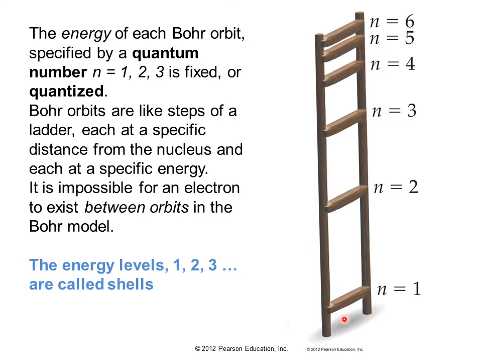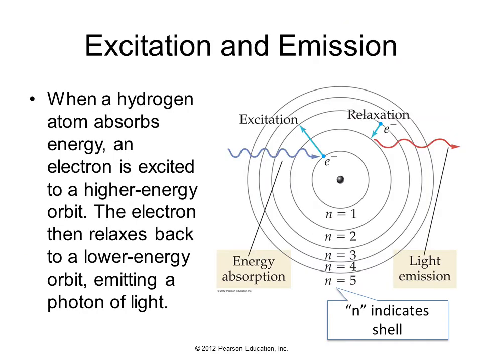So this is the example, the ladder. n equals 1 is pretty close to the nucleus and there is a pretty big jump to n equals 2, and smaller the further out. Energy levels get closer. These energy levels in the atom are sometimes called electron shells. What happens is that energy comes in and strikes an electron, excites it, and kicks it out to some level.